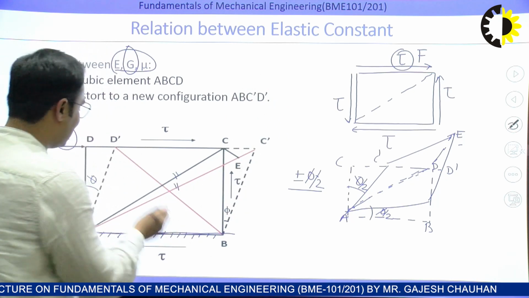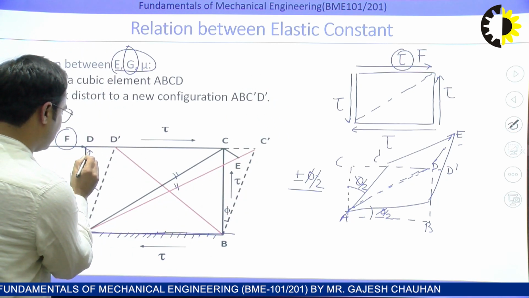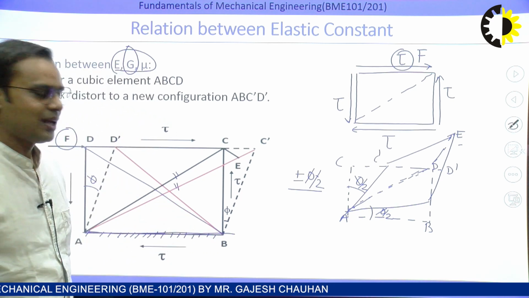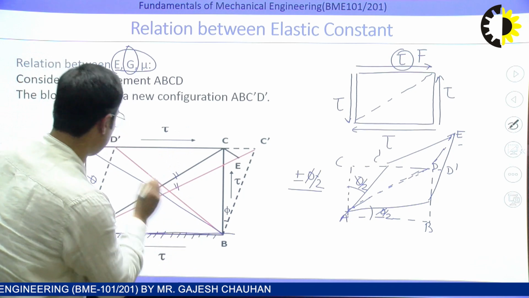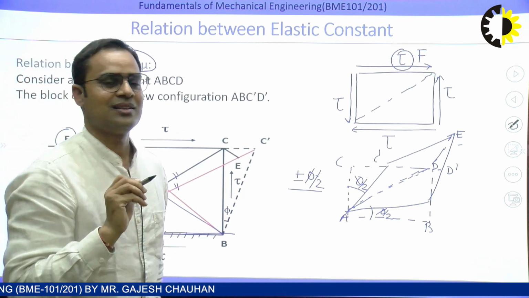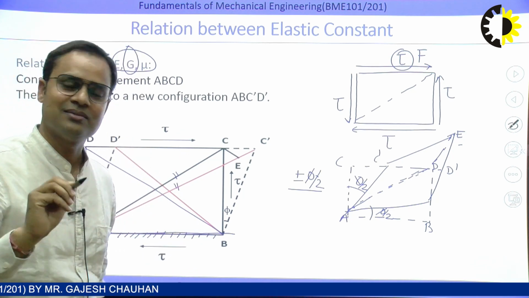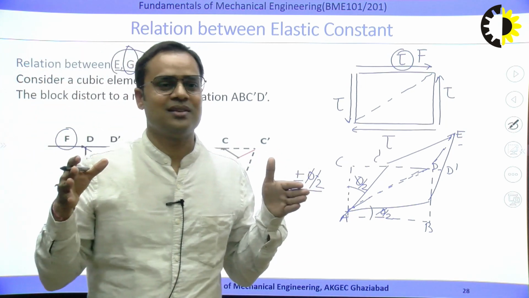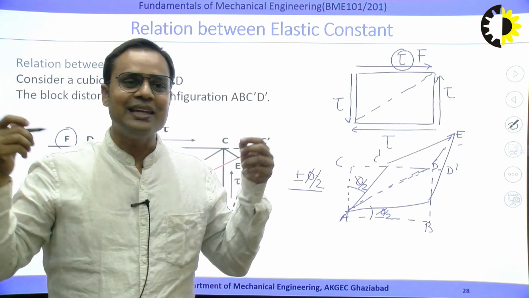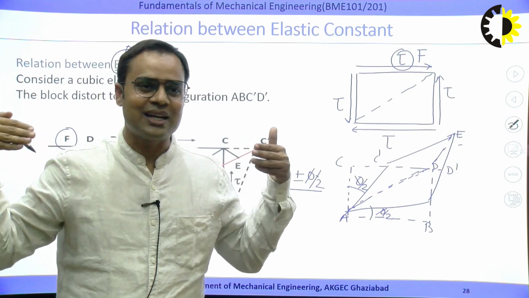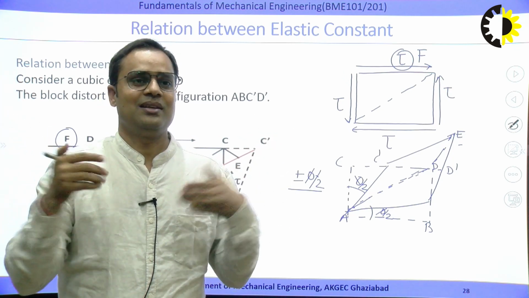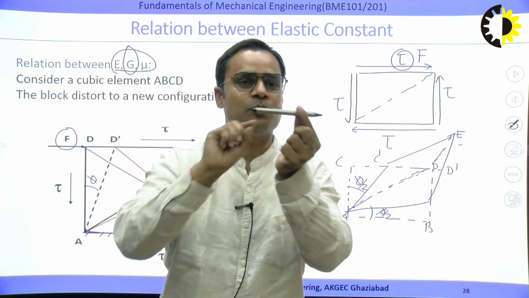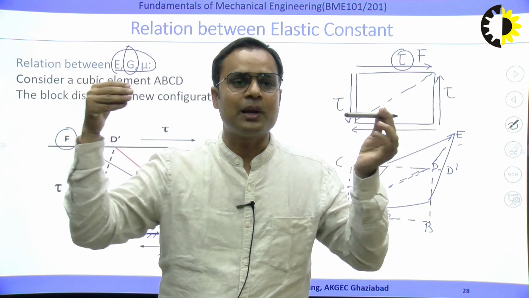Correct? Now if we observe the other diagonal, the initial position was BD. After the application of the tangential force, the position becomes BD dash. Now this diagonal is shortened. What is the meaning of that? The diagonal contracts. The simple meaning is that a compressive normal force is acting over that diagonal. The length of an object decreases when we apply compressive force.